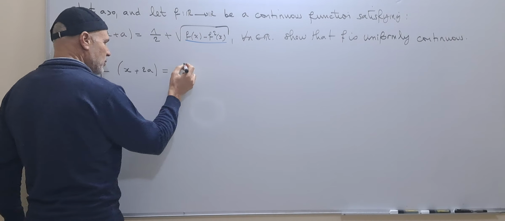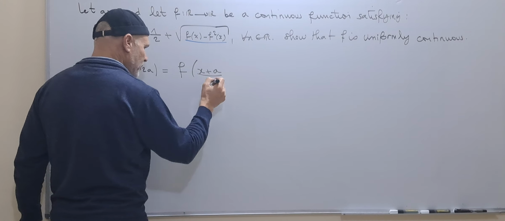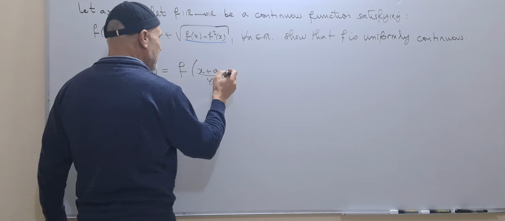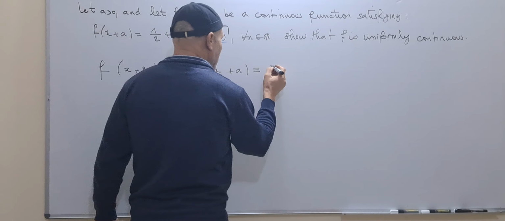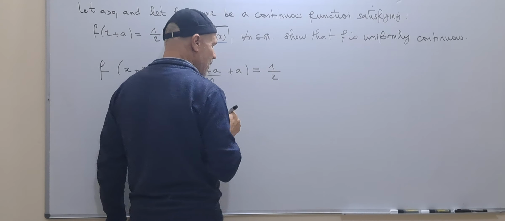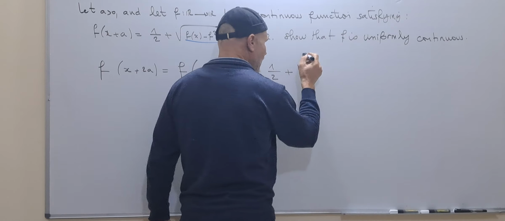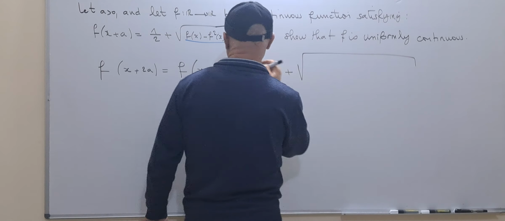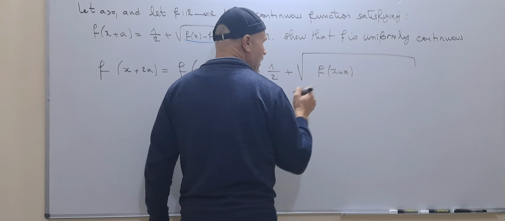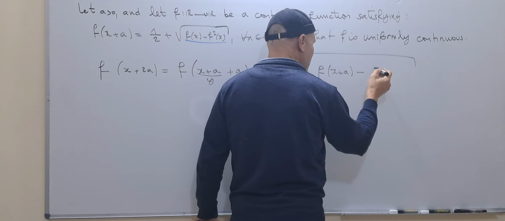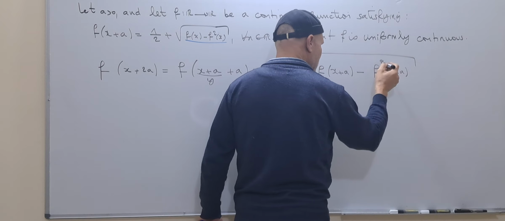This is equal to f of x plus a plus a. This will be denoted by y plus a. Using this formula, this is equal to 1/2 plus the square root of f of y minus f of y square, where y is x plus a.